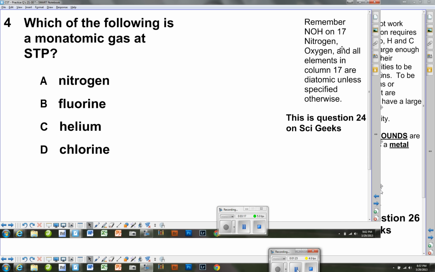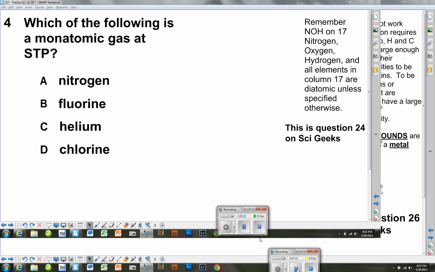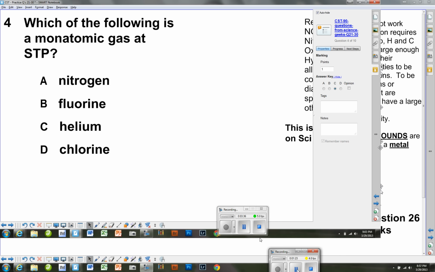That's nitrogen, oxygen, and hydrogen. Oops, didn't put the hydrogen in. So yes, now we're fixed. Nitrogen, oxygen, and hydrogen, and all elements in column 17. Diatomic unless specified otherwise. Your answer here on number 4 is letter C.